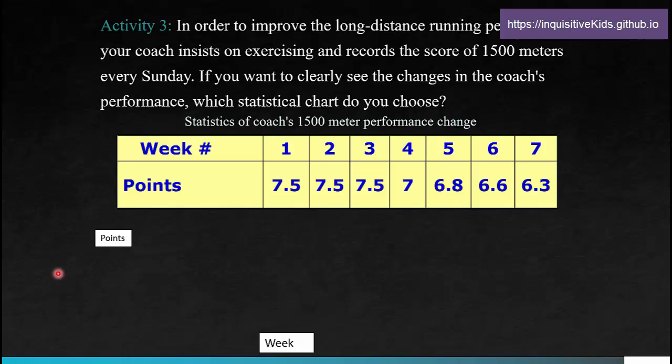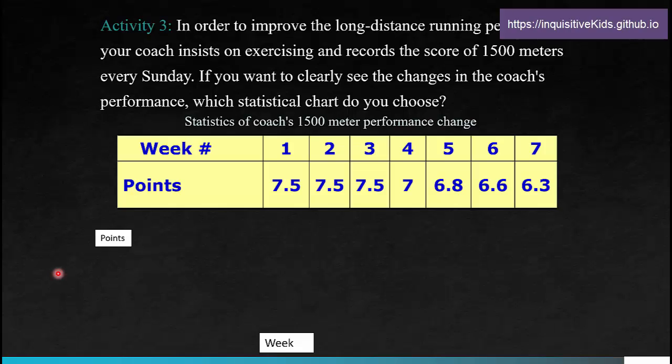So let me quickly explain what this whole thing means. You have a running coach, and he is insisting himself to exercise and records the score of 1,500 meters every Sunday. So if you want to clearly check him, making sure like, hey coach, are you actually keeping your promise?